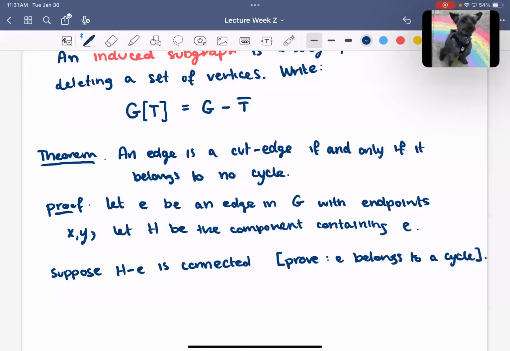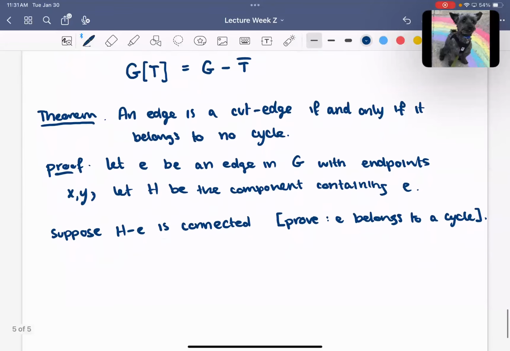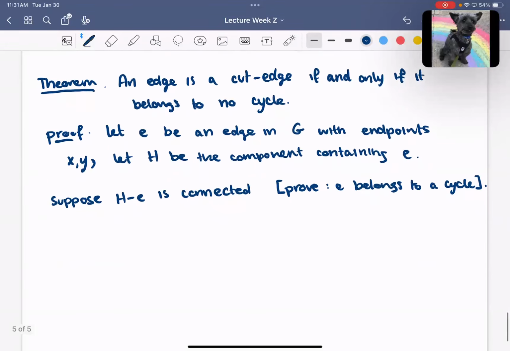Okay, so how should this part of the proof go? How do we get the cycle? So we know that H minus E is connected.